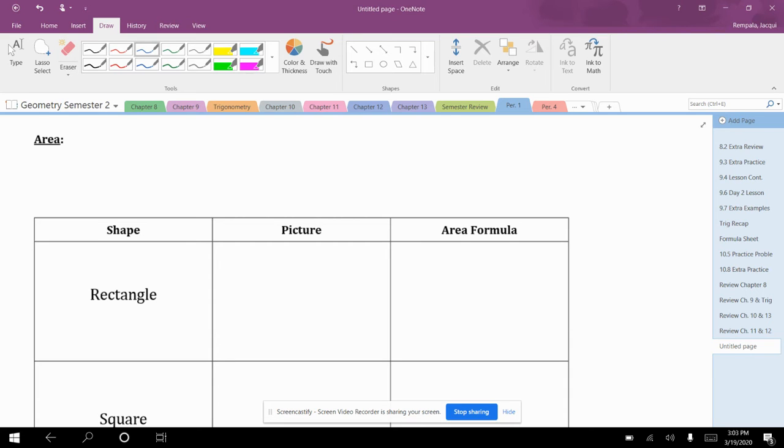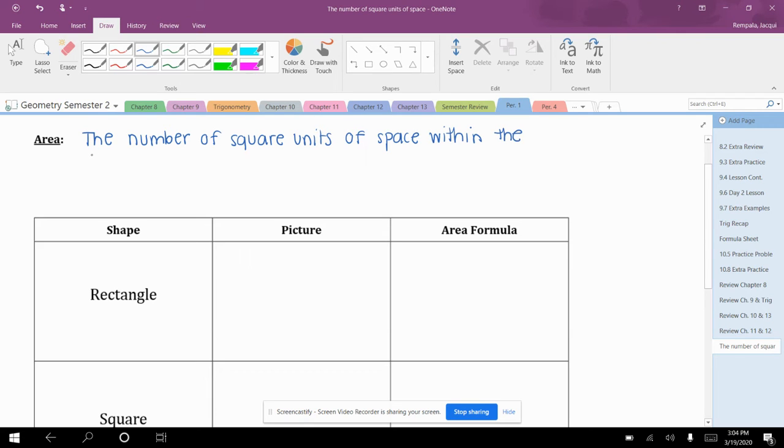So, let's define what it means to be area. Area is going to be the number of square units of space within the boundary of a closed region.